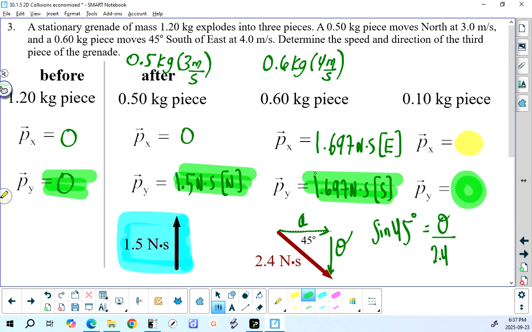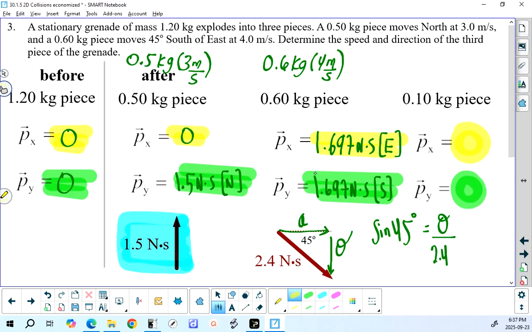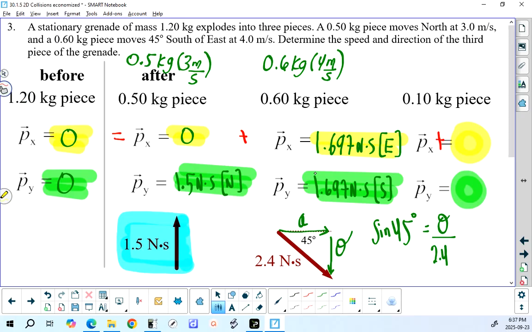When we add up this, this, and this, we have to get 0. So I'll rewrite this in a second somewhere else, but essentially this 0 on the left has to equal this 0 plus 1.69 plus this unknown number, which I'll call x.